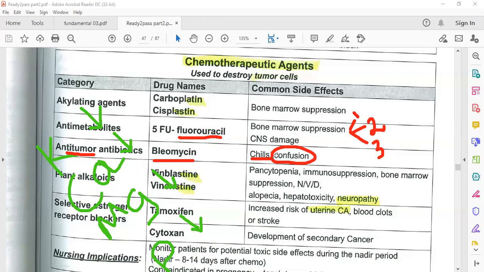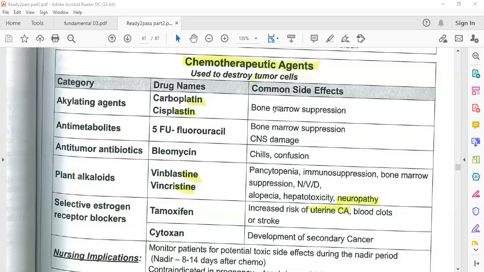Another antineoplastic medication we use, of plant origin, is vinblastine and vincristine. Vinblastine and vincristine are plant alkaloids, and they can easily produce pancytopenia.